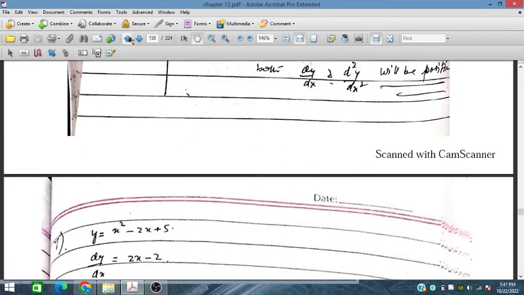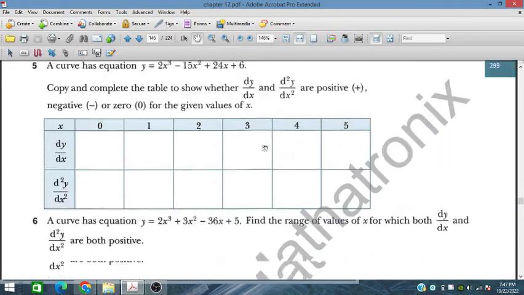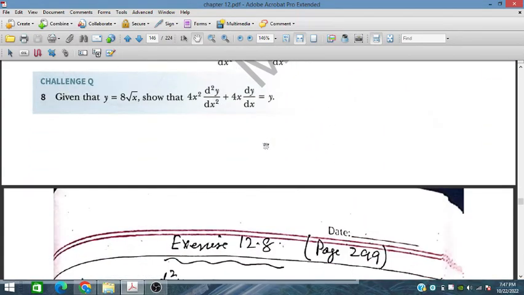Now let's move to the next problem, a challenging problem. Given that y is equal to 8 under root x, show that 4x² times the second derivative of y plus 4x dy/dx is equal to y.